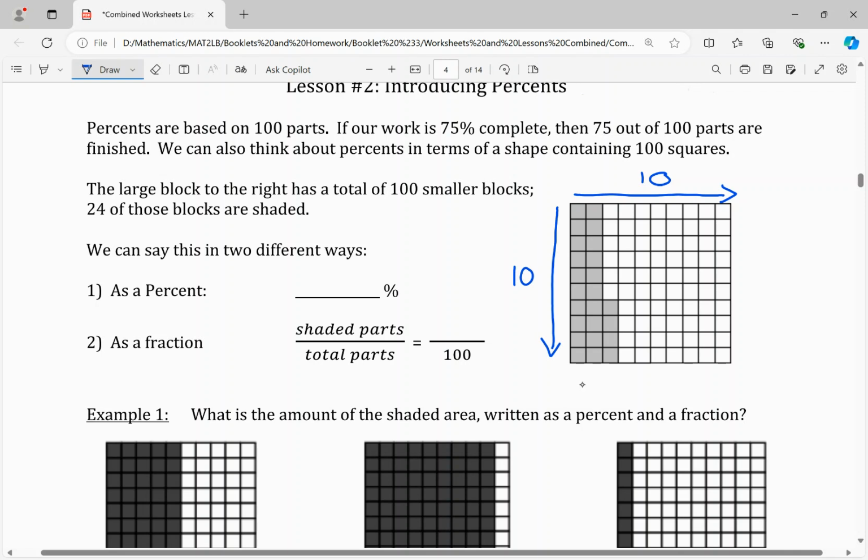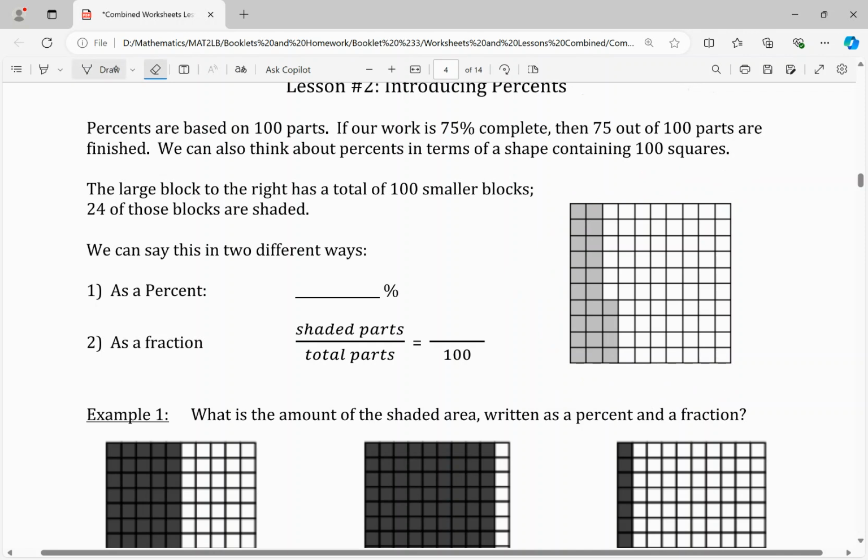What that means is that I have 10 times 10, or 100 squares in this box. I'm going to use this to help me visualize percentages. Remember, percents are based on 100 parts, and there are 100 squares in this box. So each tiny square is going to represent 1%.